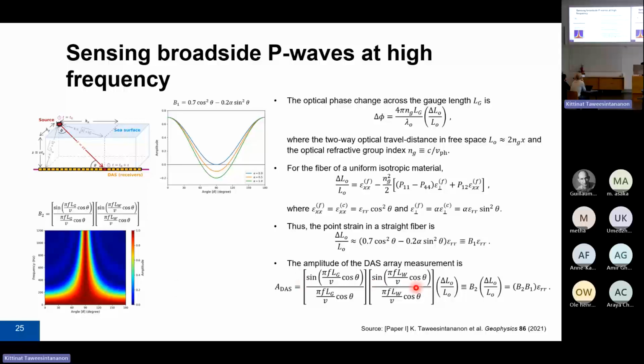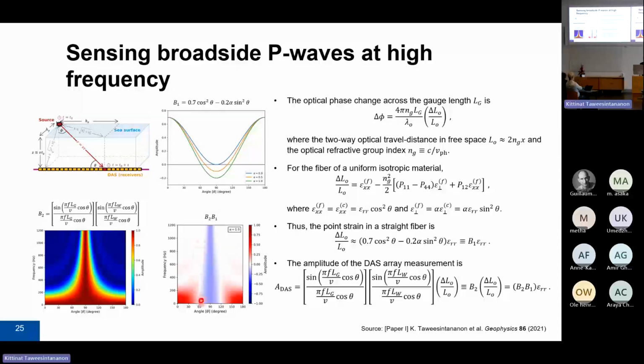And if we combine these two terms, the array measurement effect and the directivity of the DAS, we come to this amplitude pattern, where you can see that at low frequency of the seismic wave, you can clearly see the P wave at the low angle, but at the perpendicular angle, or broadside P wave here, you may observe negative amplitude or reverse polarity from the high angle.